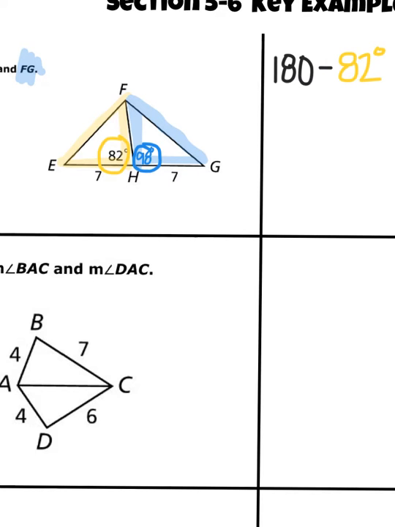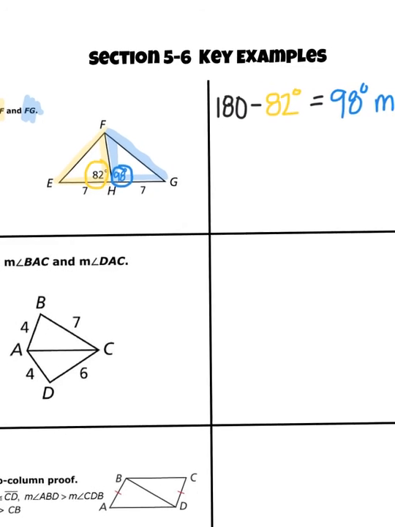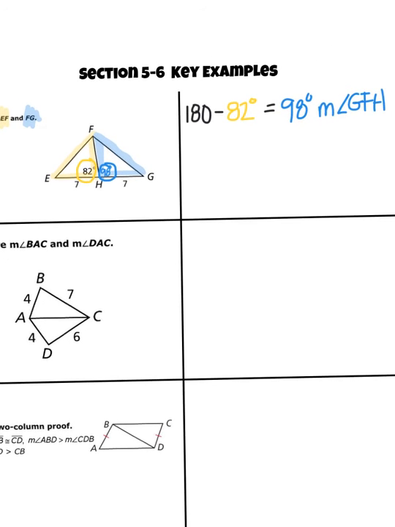Now that I know that that is 98 degrees, I'm going to focus on the other information that I have. The other information I have is that on the yellow triangle, segment EH is equal to the segment on the blue triangle, GH. Oops, I shouldn't have put a line above there because we were talking about measurements.